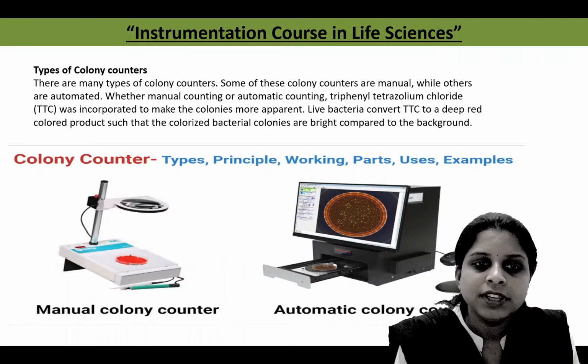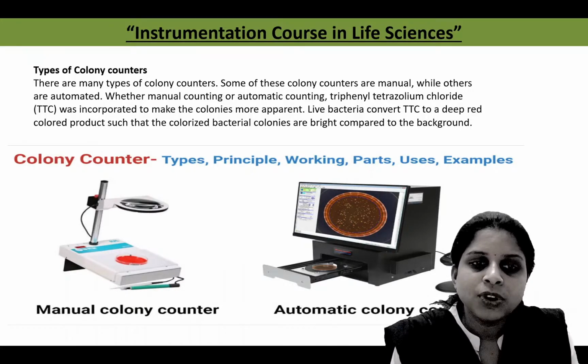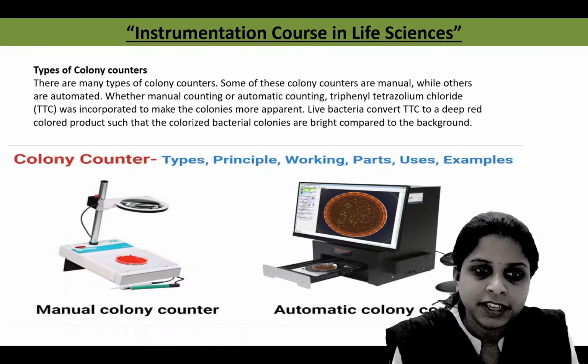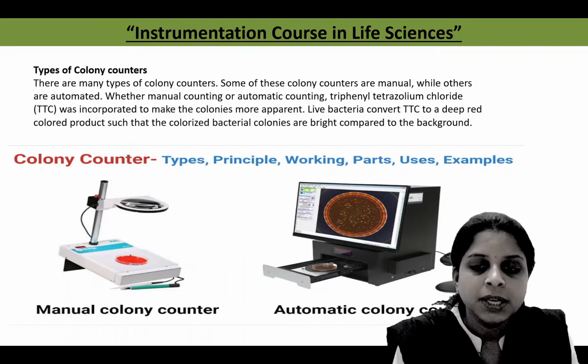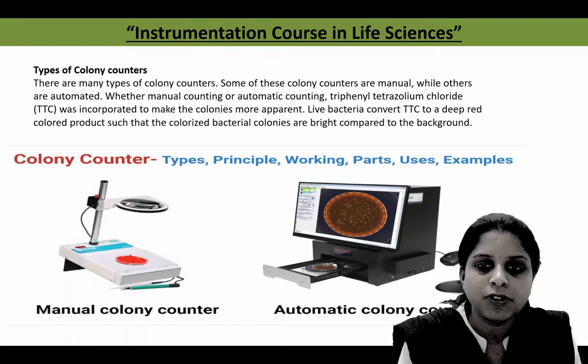In this colony counter, the plate on which the microorganism has been grown is placed in a plate holder, and with the help of a pen, each colony is tapped; during tapping a noise is created which is measured by the machine, and the colony count is produced. In the automatic colony counter, as we can see on the screen, a photograph of the plate is taken, and from that photograph, by using software, the number of colonies is counted.